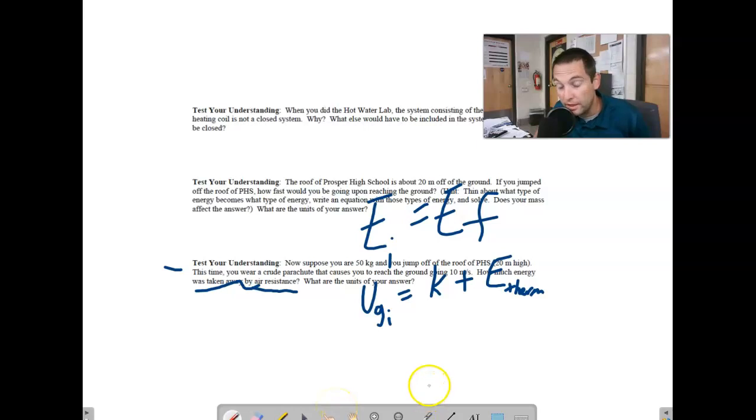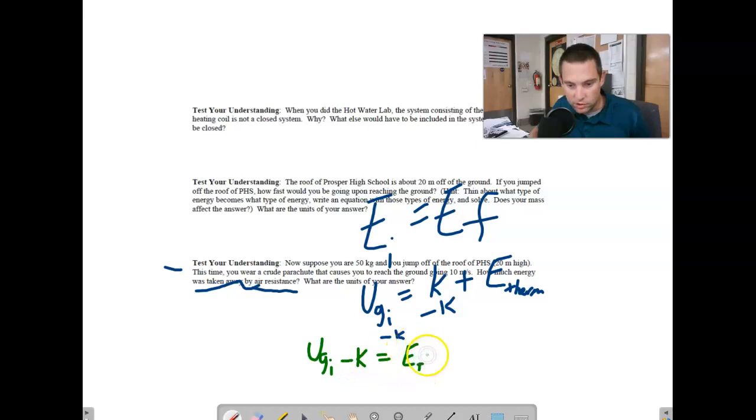So that E thermal, that E thermal is what we're solving for. So all we have to do is subtract K from each side, and then substitute in our equations. So we have UGI minus K equals E therm, which is what the question asks us to find.